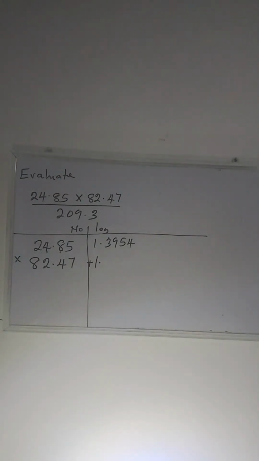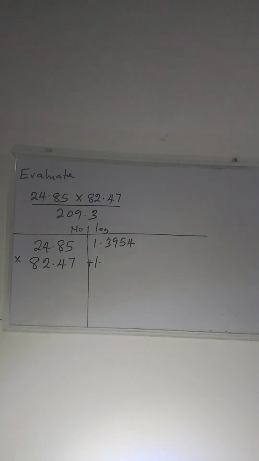Let me see what we have. 82 under 4, difference 7. I can see 9163.